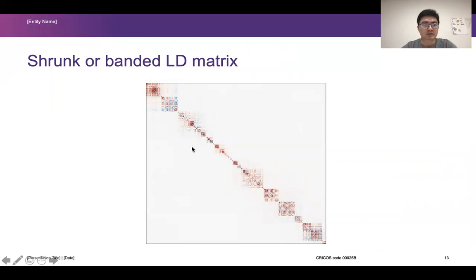And this plot shows the shrunk LD matrix. The banded matrix would be similar, but may have a wider bandwidth. So next, I'll show how we compute the shrunk matrix. It will be similar for computing the banded matrix, and the information can be found on our website.